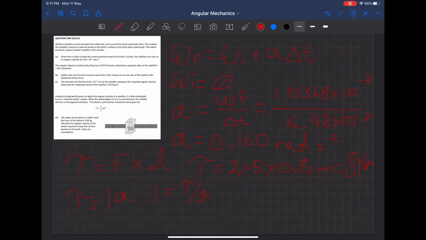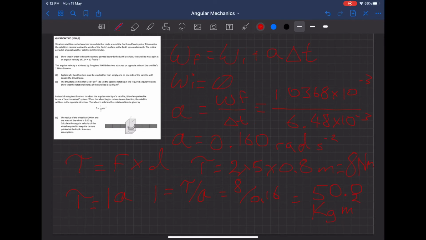From that, we can put in the numbers that we've calculated previously, our 8.00 over our angular acceleration of 0.16 from our previous two calculations, and we get our answer of 50.0, and our units for this would be kilogram meters squared.